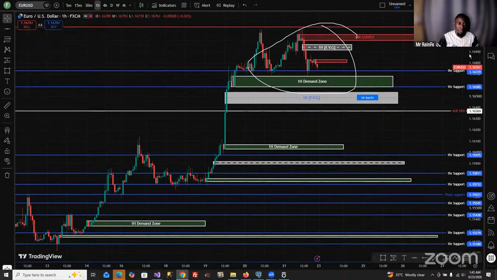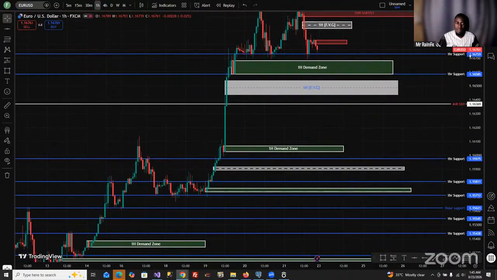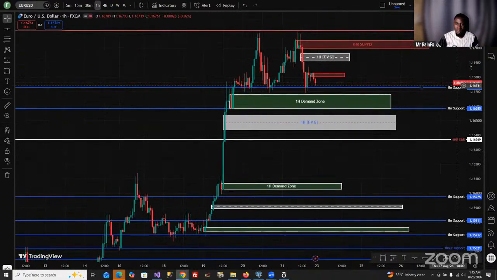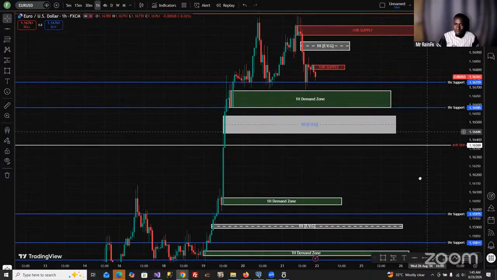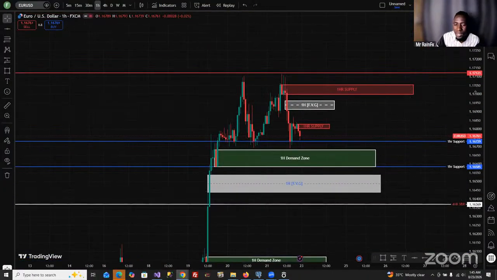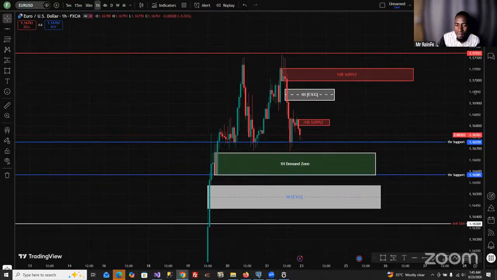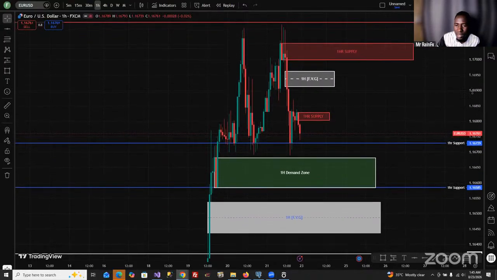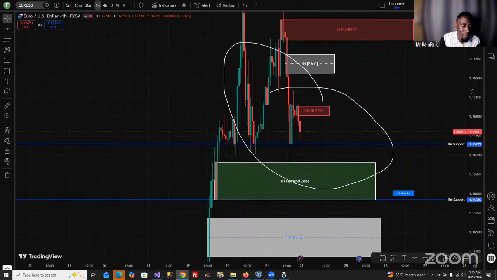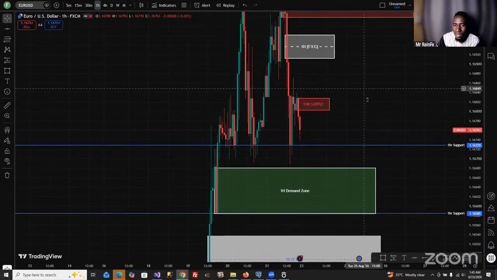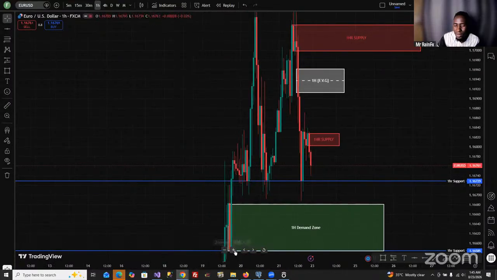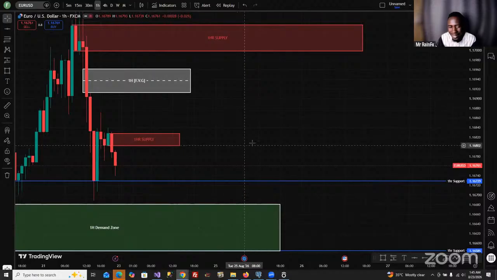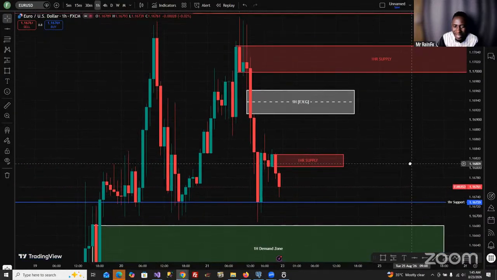I want to see that. Now stretch it to this side, at least the candles to gain some space. Like that.